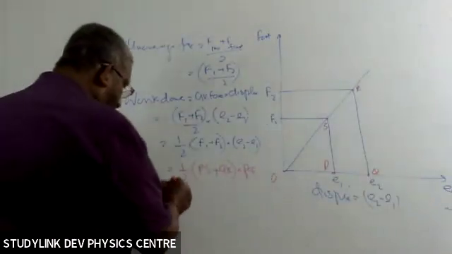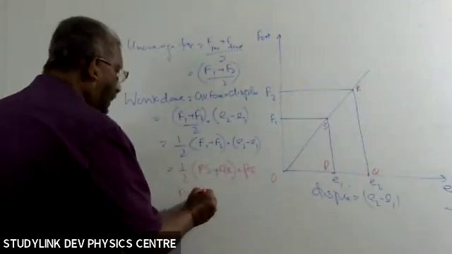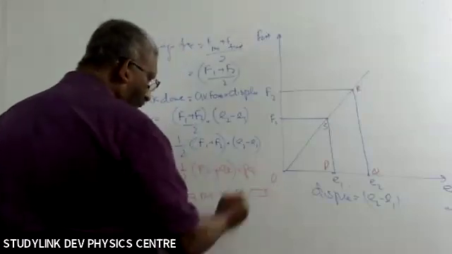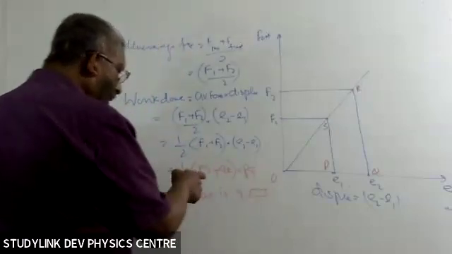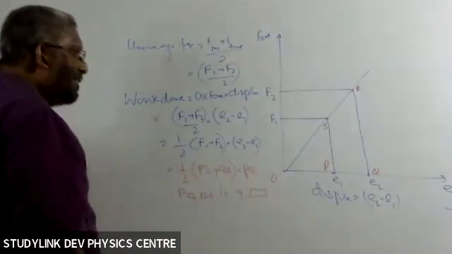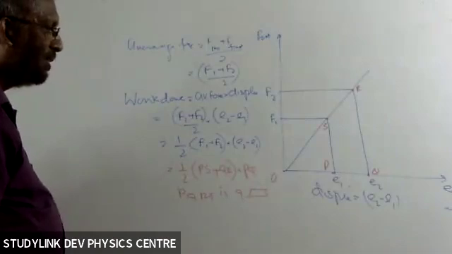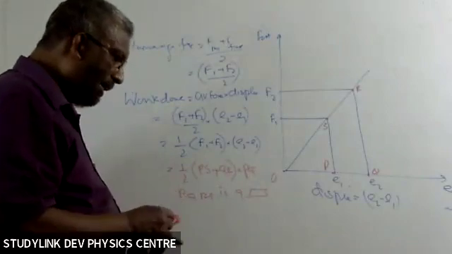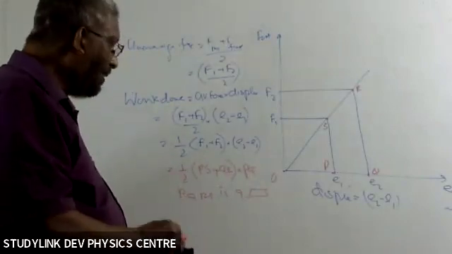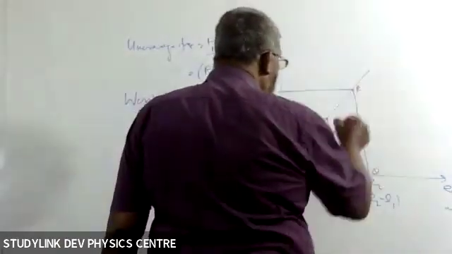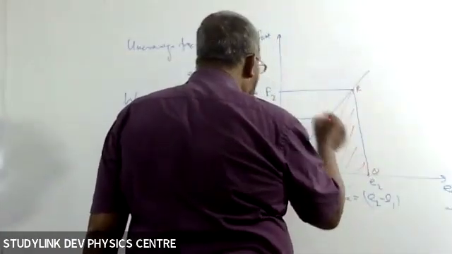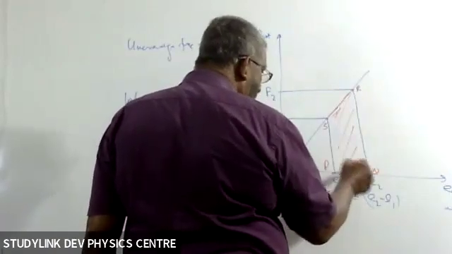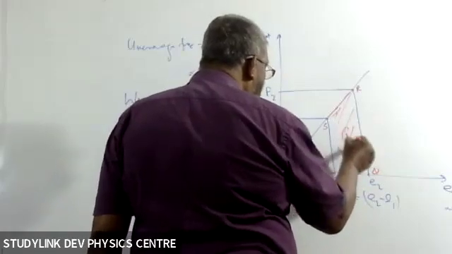Since PQRS is a trapezium, the area is given by the above equation. Understood now? So when a force is increased from one value to another, the area between the curve related to the two forces and the x-axis is the work done.